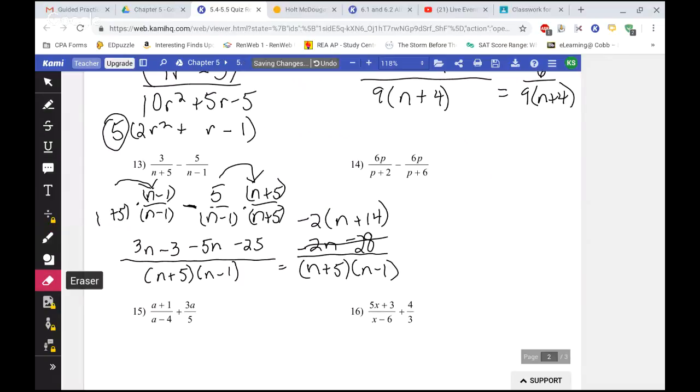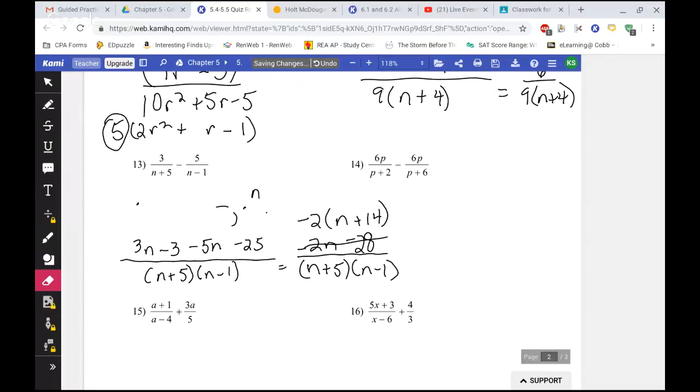I don't have a lot of room to leave all of this stuff, because I need to make room. So I'm going to erase this and stick the answer back over there. I hope I'm not erasing something too quickly. Somebody needs that work.